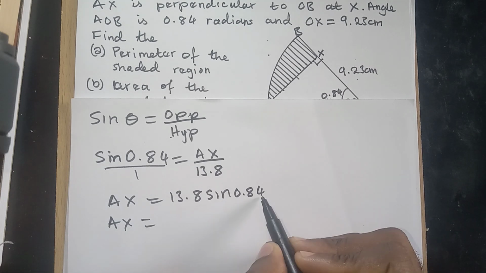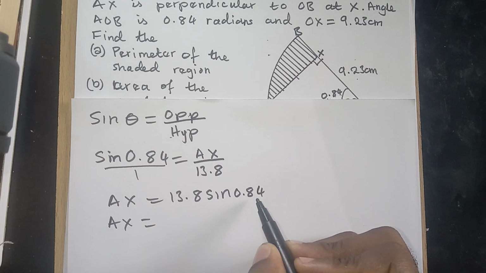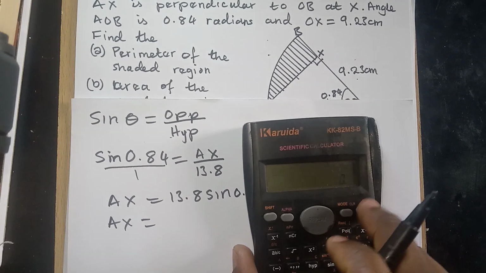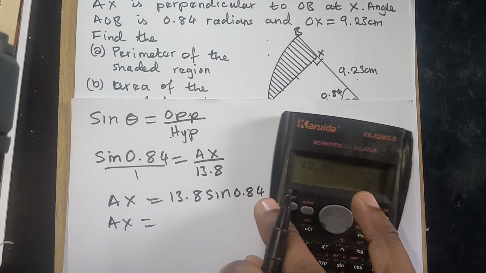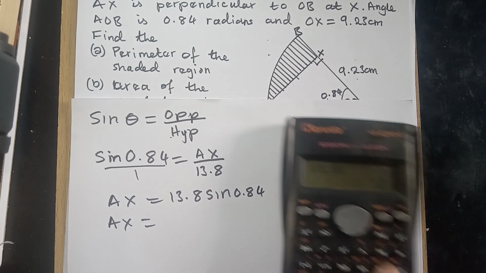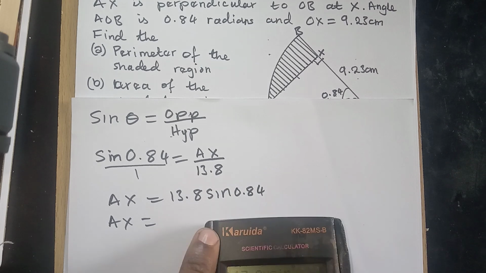So now you can punch this on your calculator and get an estimate value of this, but I'm not going to do that. I'll just get 13.8 multiplied by sine 0.84.